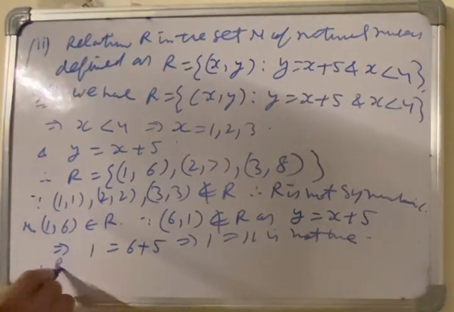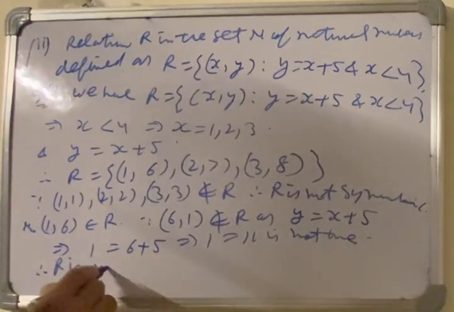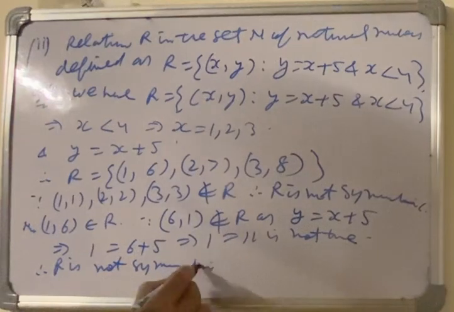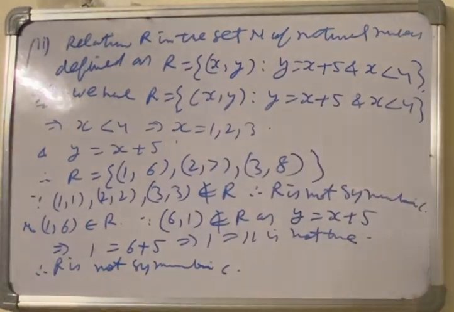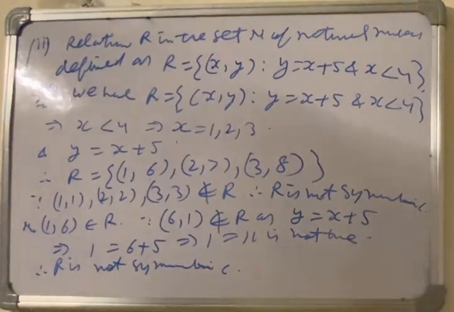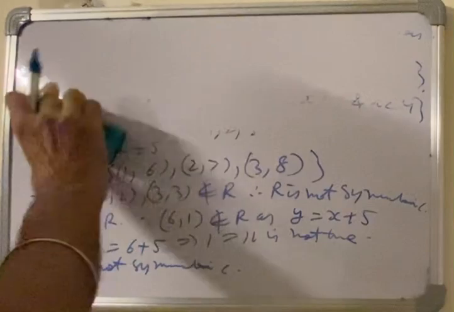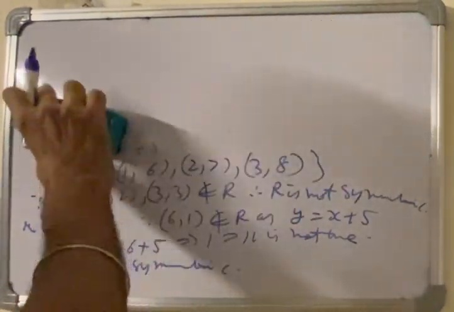Therefore, R is not symmetric. Then we take transitivity.